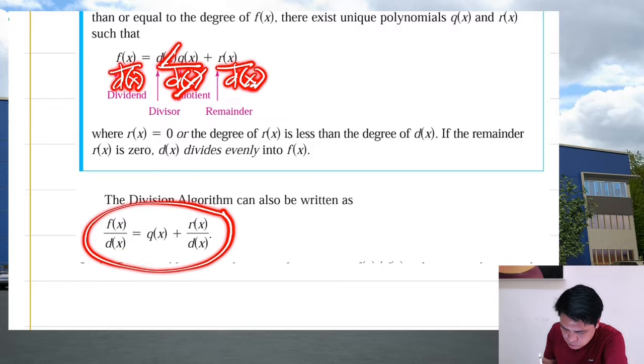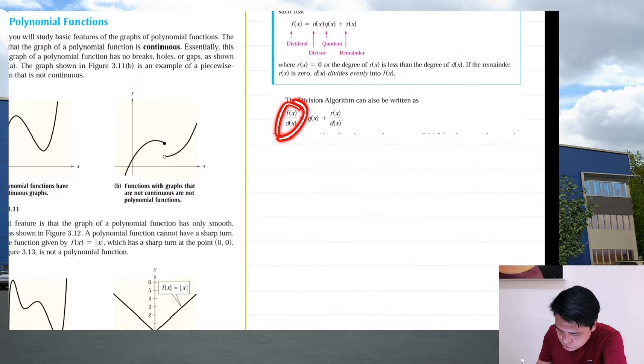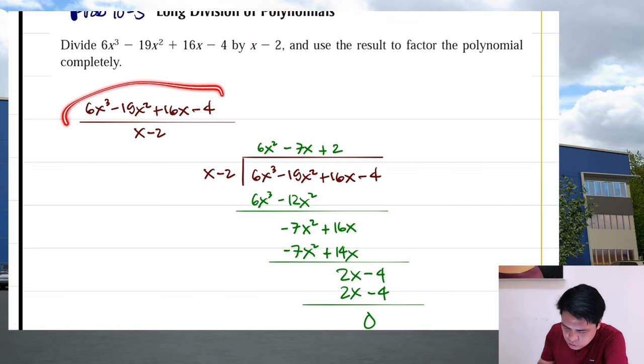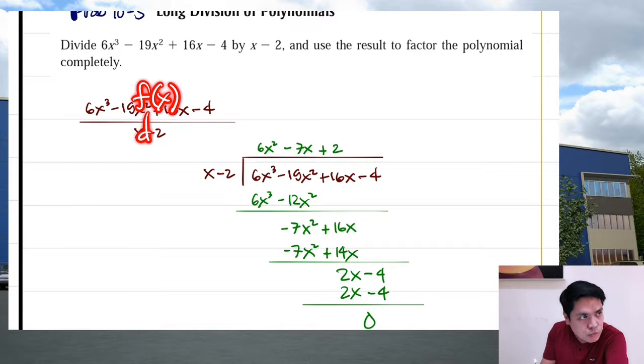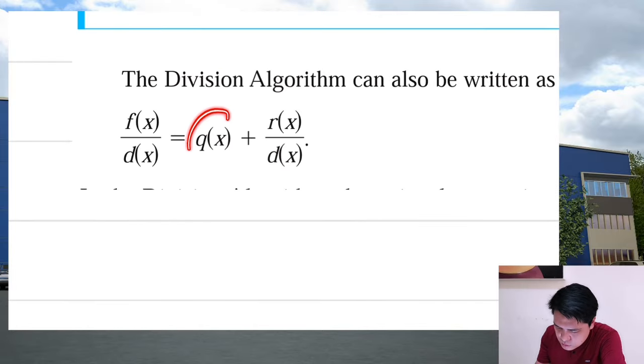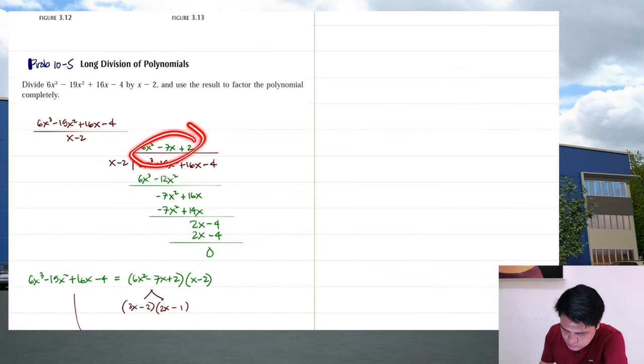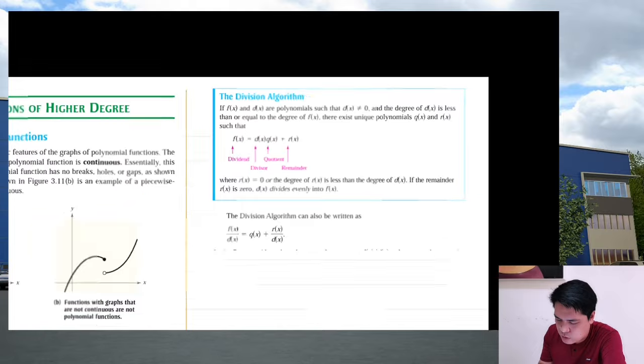So this is what came out, this form, this is how I wrote it here. This is f of x over d of x. Then the result is q of x plus 0 over x minus 2. It's 0 anyway. Okay, so that's the division algorithm.